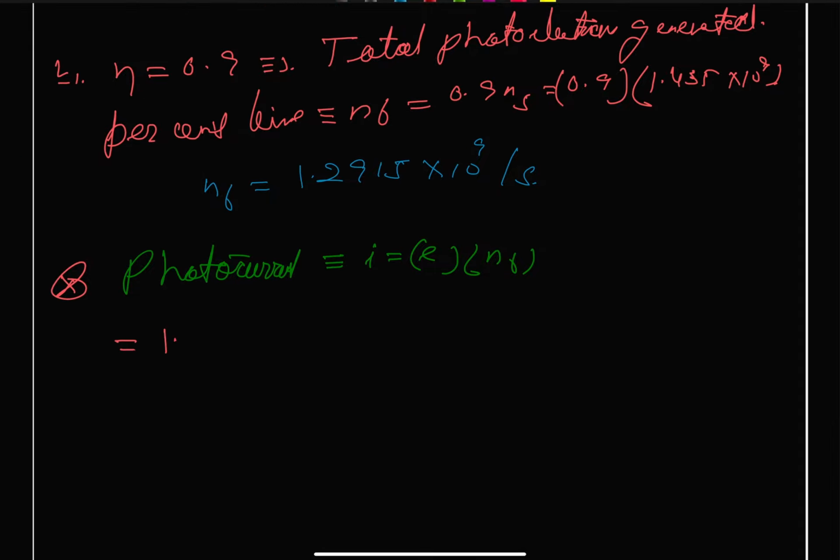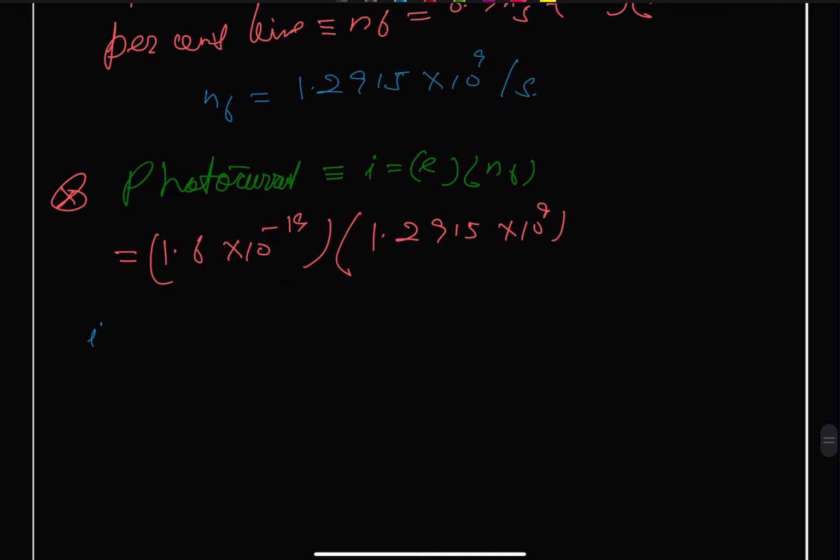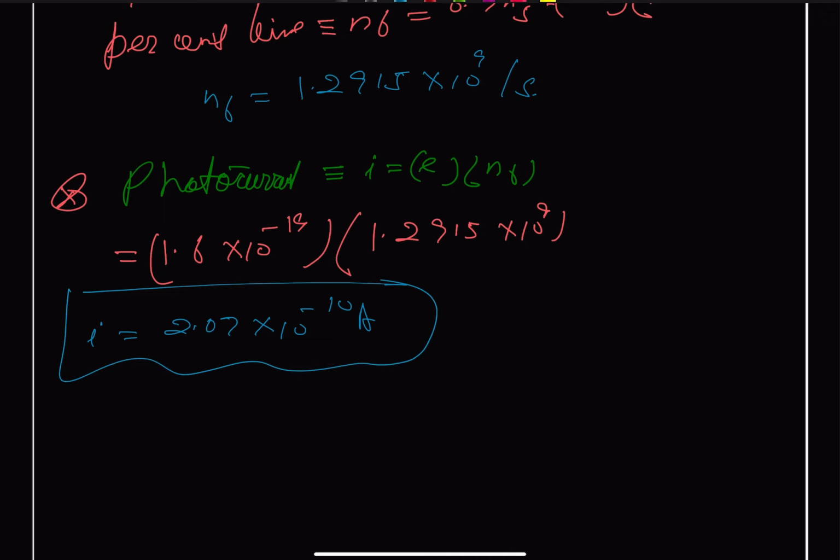This gives us 1.6 into 10 to the power minus 19, and N6 is 1.2915 into 10 to the power 9. This gives us that the value of the photocurrent will be 2.07 into 10 to the power minus 10 amperes. So this is our final answer of the current.